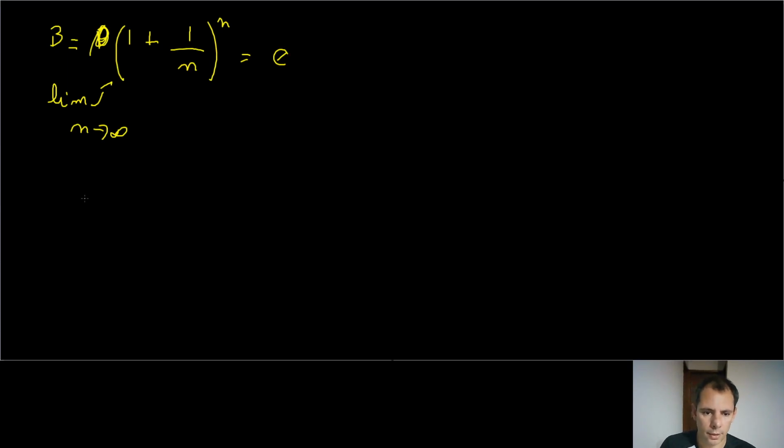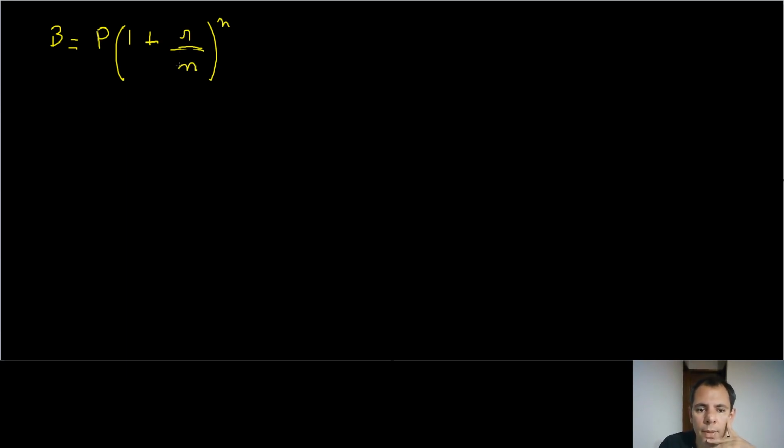Now, here's the thing. Let's say you have an annual interest of r. r is going to be the annual interest, the percentage. n is the number of times, and you have this p here.